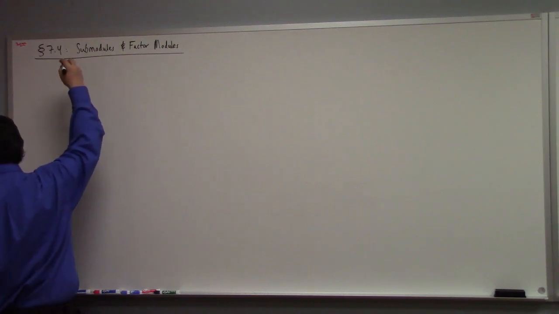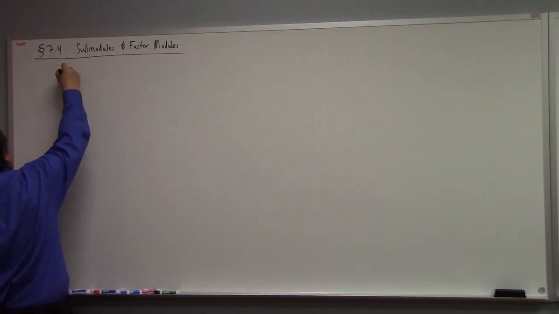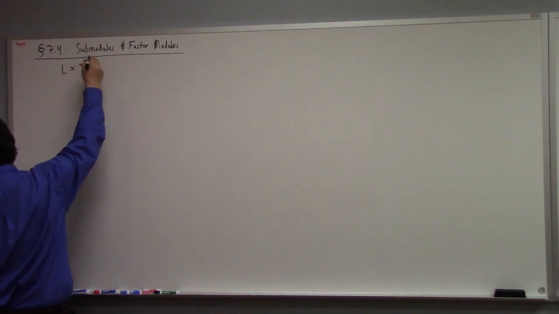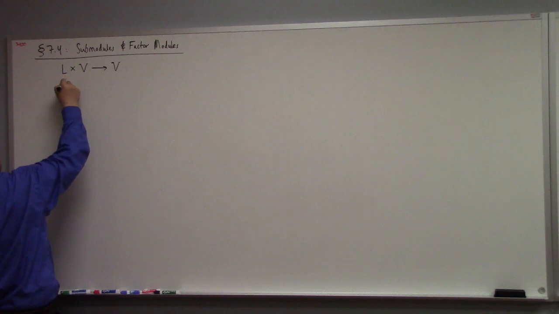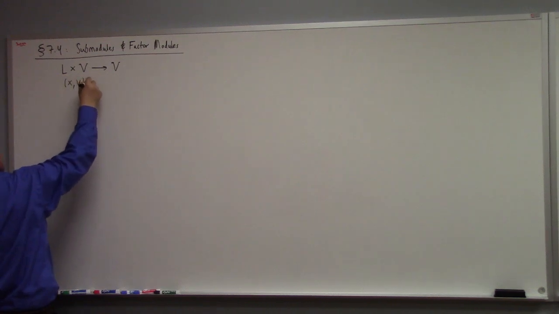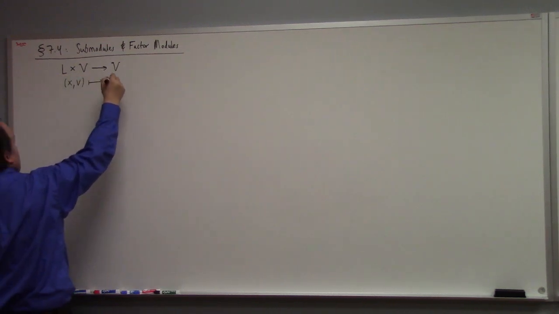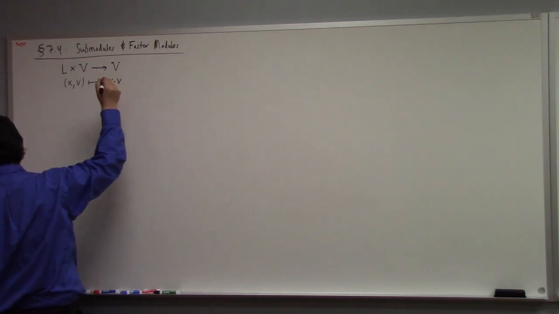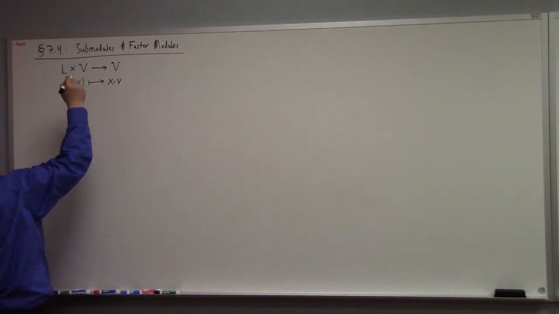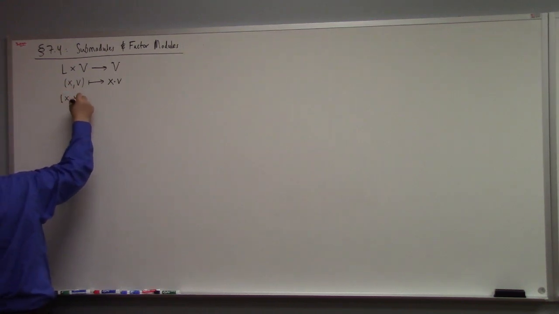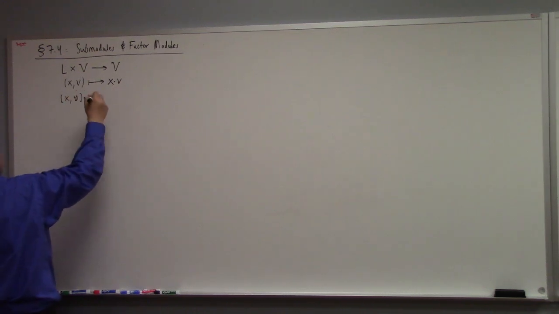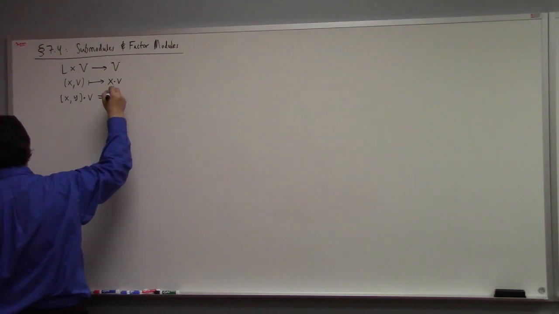So you have something like L cross V goes to V, and we're talking about a pair (x, v), and our typical notation is x dot v for the action of x on v, and it satisfies various axioms. I'll write down this one. For instance, if we have the bracket of x and y acting on v, we get a commutator of sorts of the action, right?